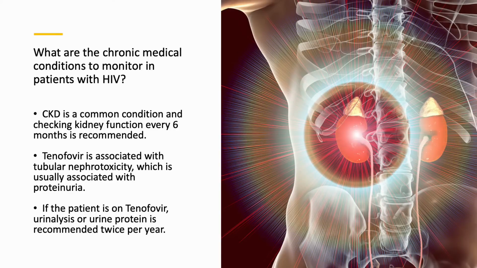Chronic kidney disease is a common condition, and checking kidney function every 6 months is recommended. Tenofovir is associated with tubular nephrotoxicity, which is usually associated with proteinuria. If the patient is on tenofovir, urinalysis or urine protein is recommended twice per year.